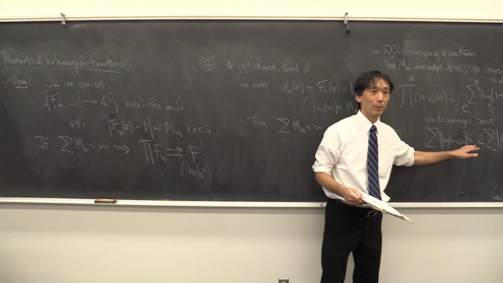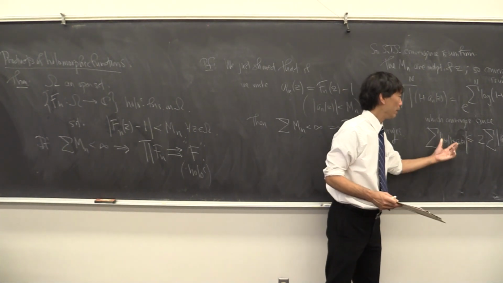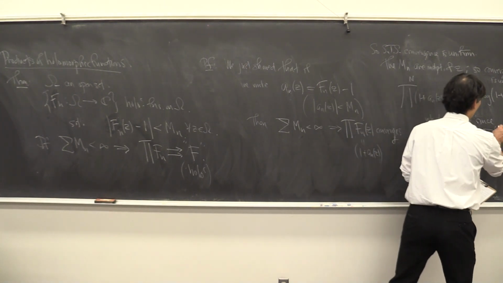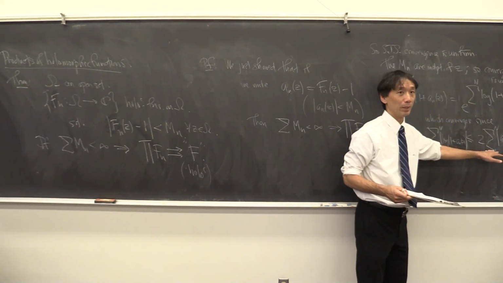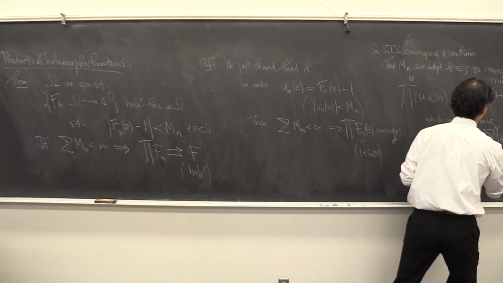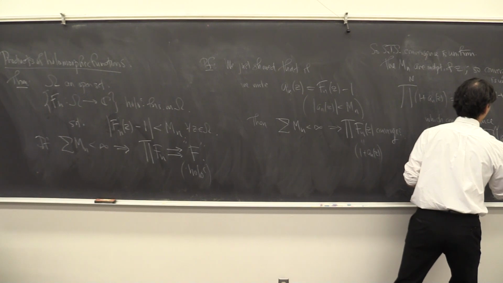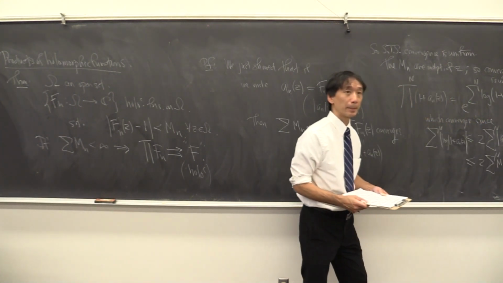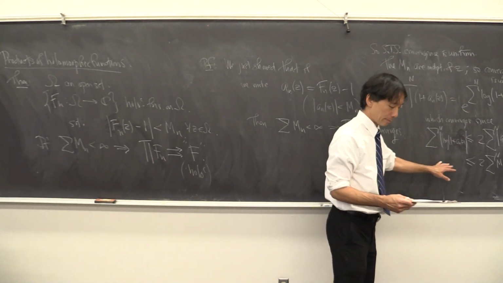This was the same argument that we went through last time. This partial sum is controlled by this partial sum, but this partial sum is controlled by this, and that's finite.